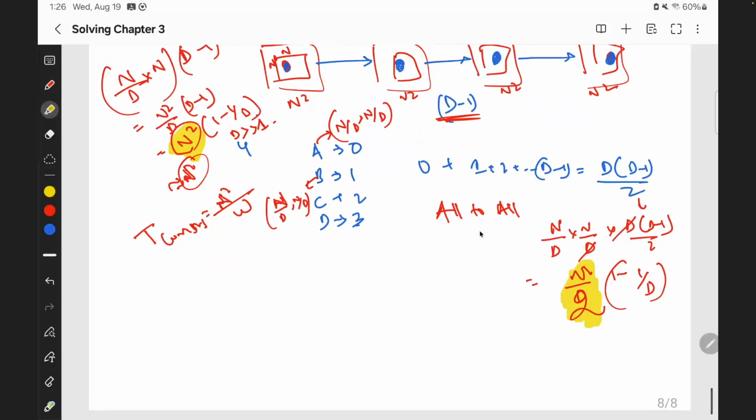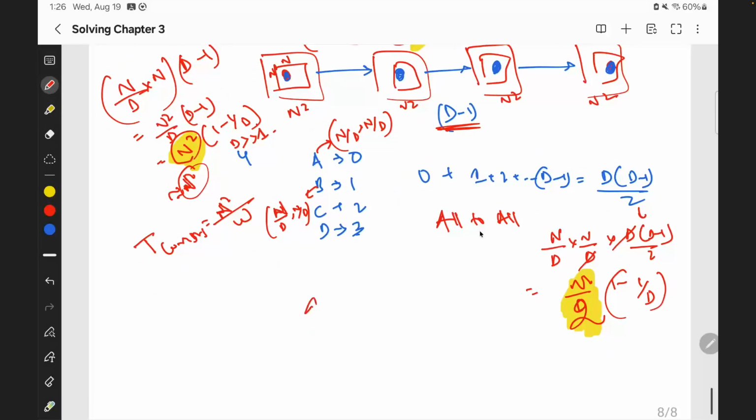So all-to-all is around twice less expensive than all-gather. So all-to-all has 2 times less cost.